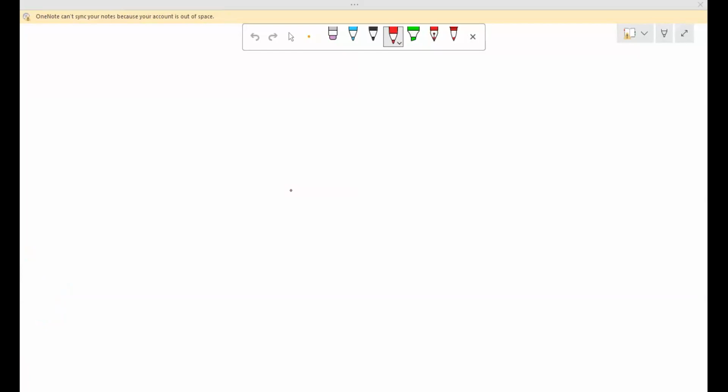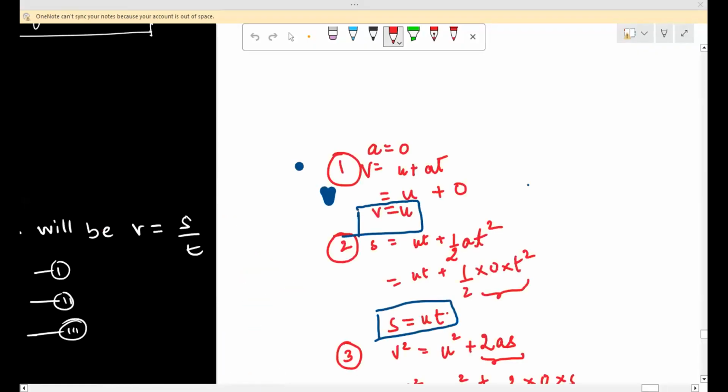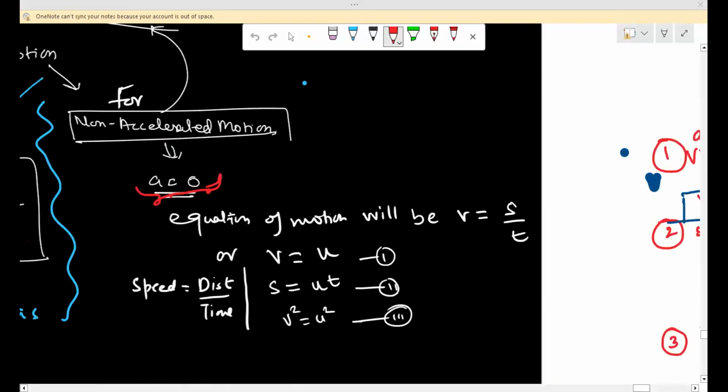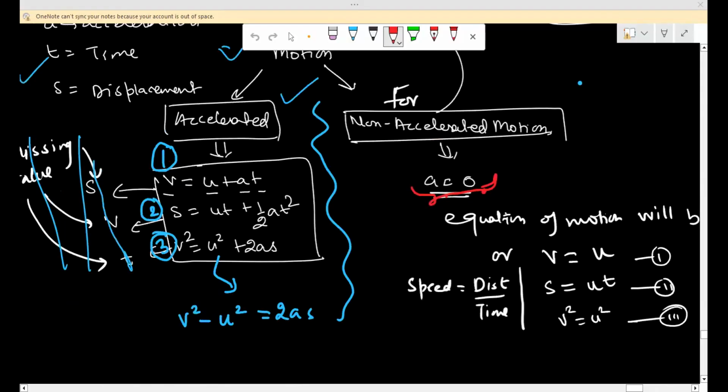Yes, okay. Second equation once again. Second equation is s is equal to u into t plus 1 by 2 into at square. Perfect. First equation. V is equal to u plus at, a into t. Correct. Very good.